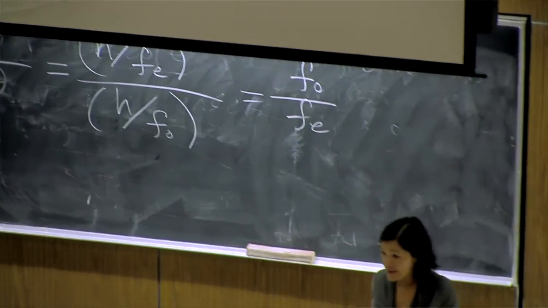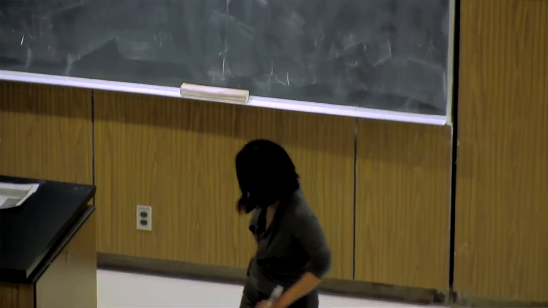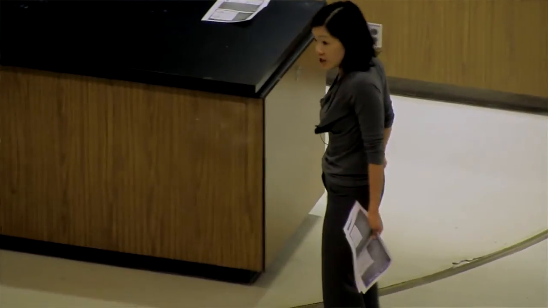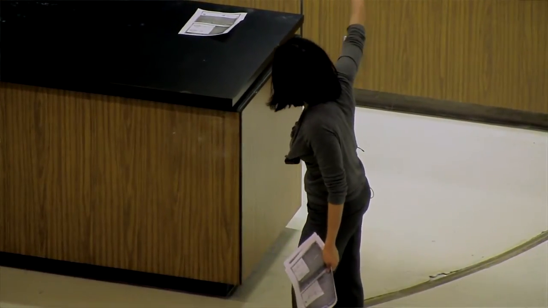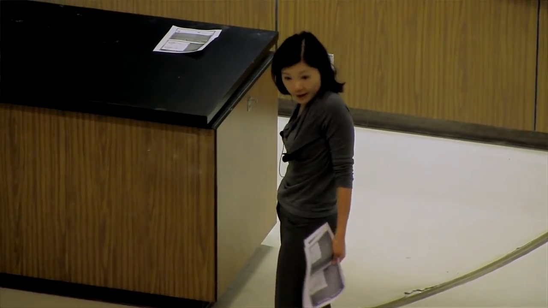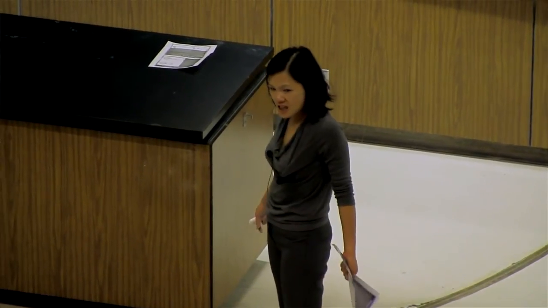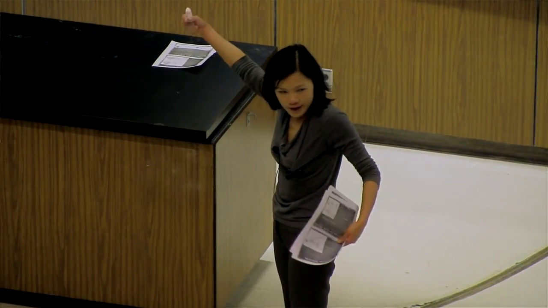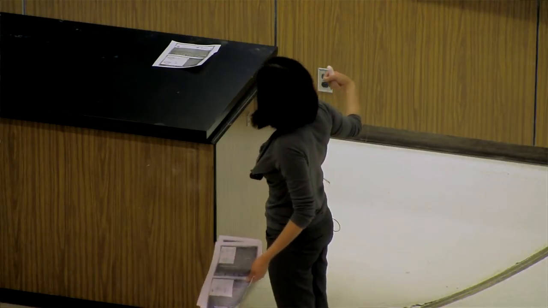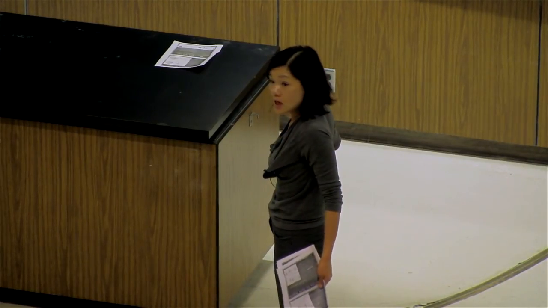In the end, once again, h cancels h, and the magnification is given by the ratio of the focal lengths of these two lenses, f naught divided by f e: the focal length of the objective lens to the focal length of the eyepiece.